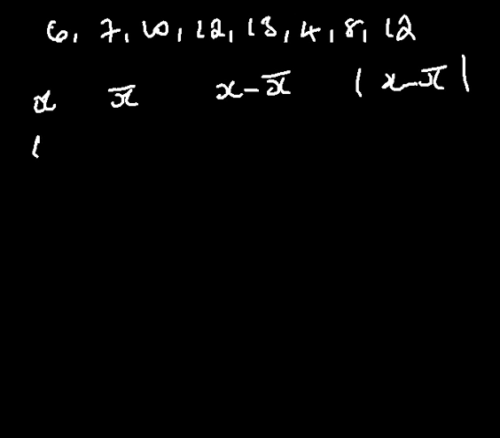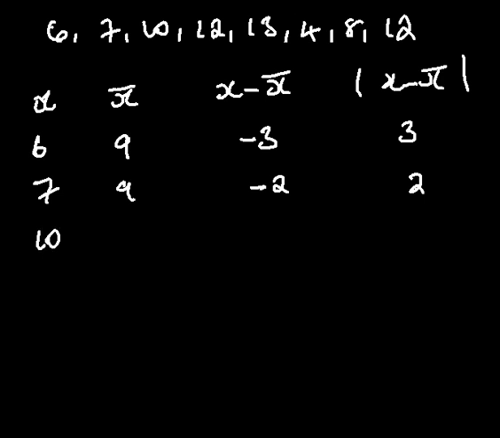We'll have 6 here, and the mean is given as 9. Then we'll have 6 minus 9, which is -3. And the absolute value of -3 is +3. And we have 7 minus 9, that is -2. And what is the absolute value of -2? We have it as +2.